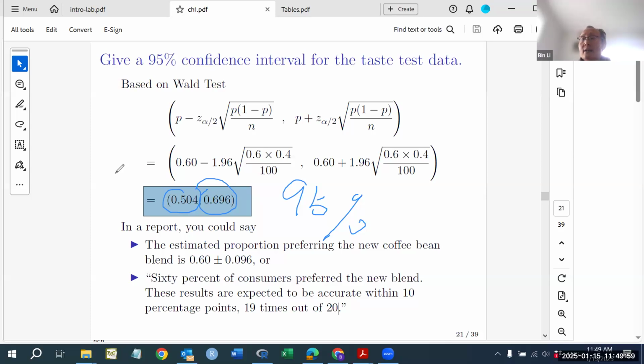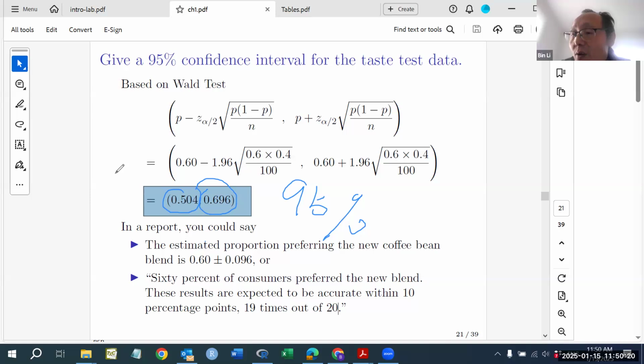I don't know if you know Bayesian statistics. In Bayesian statistics, there's no confidence interval. There's a credible interval, because it is different: in Bayesian statistics, we are not assuming the parameter is fixed. We are assuming the parameter is random.